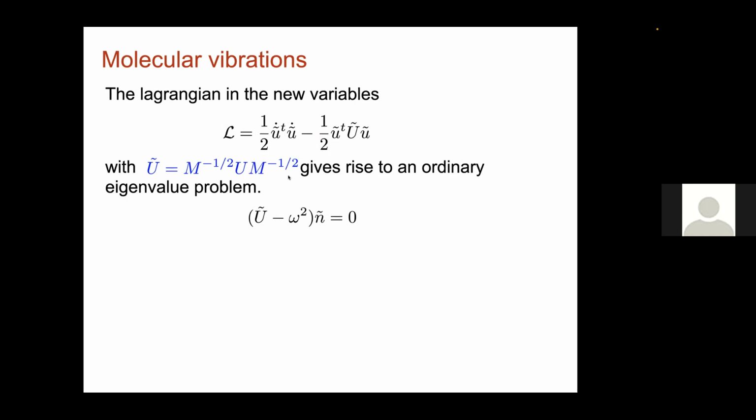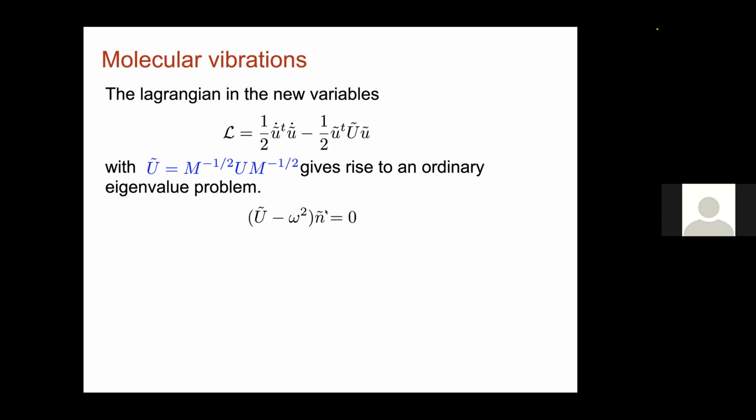But this is just a technicality. With this technicality, then I do have an eigenvalue problem. And in this case, if I diagonalize this transformed potential matrix, I immediately obtain the eigenfrequencies or the proper frequencies. And these vectors are the normal modes, but of course, with this square root of m's everywhere.